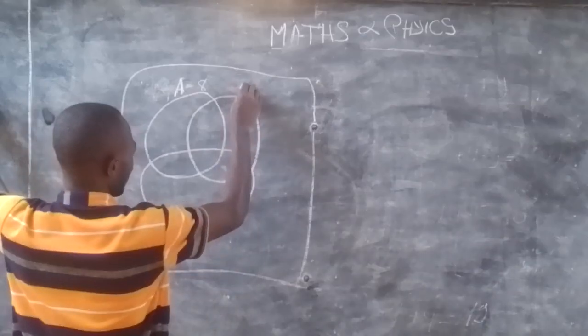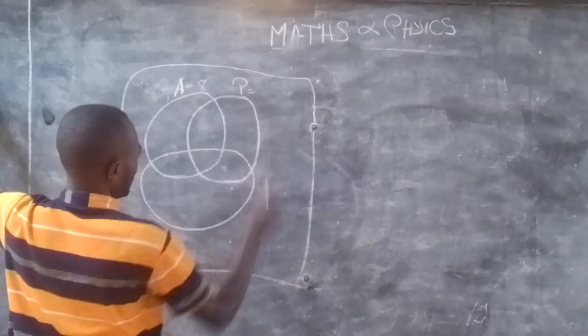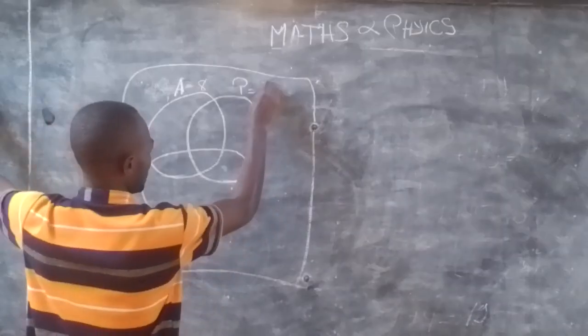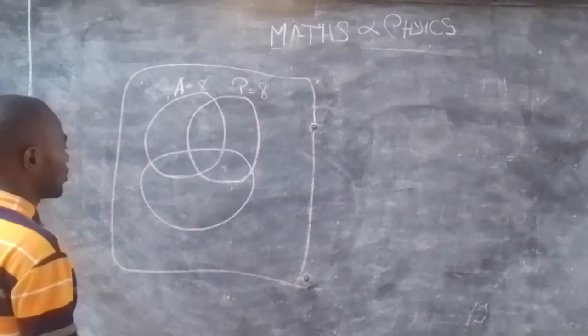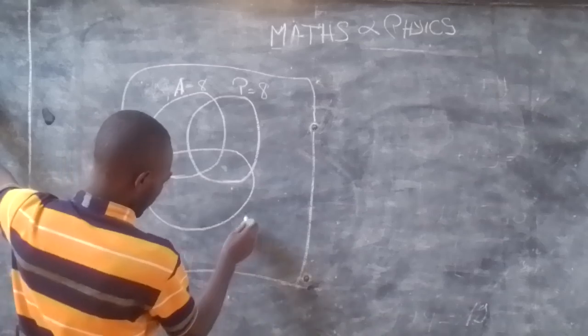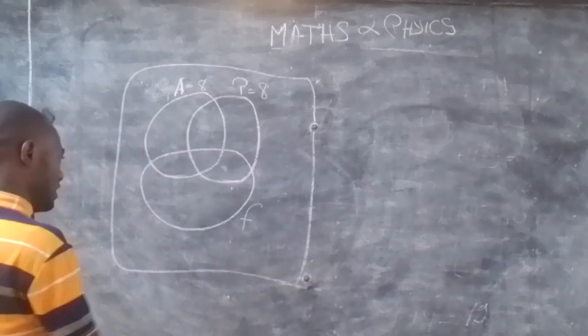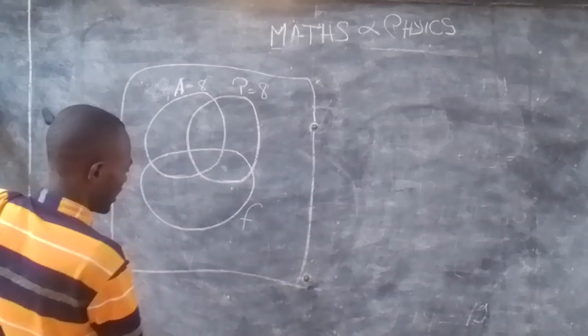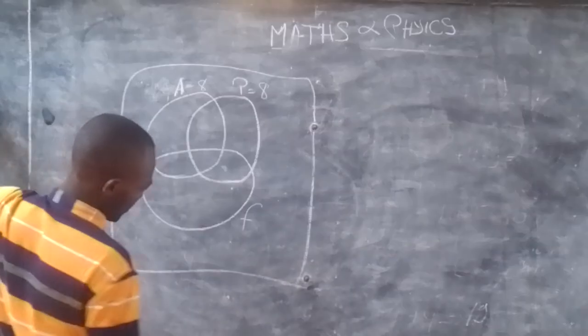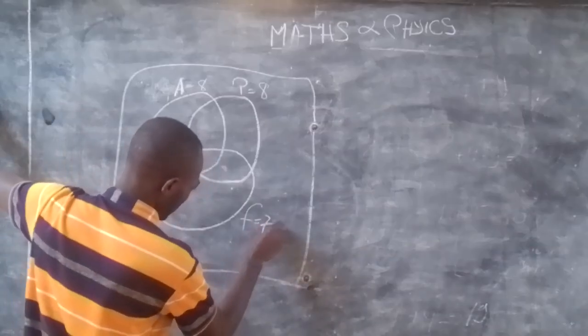P, here we have P equal to 8. This P stands for production. And also here we have F. This F stands for finance. This is equal to 7.